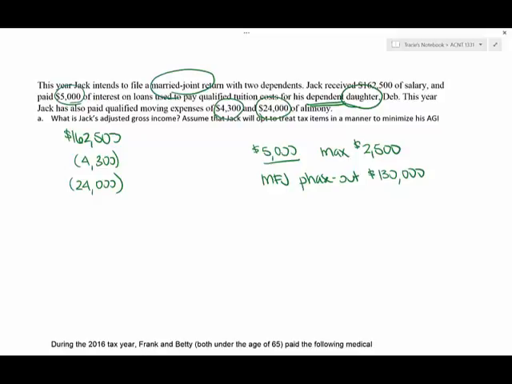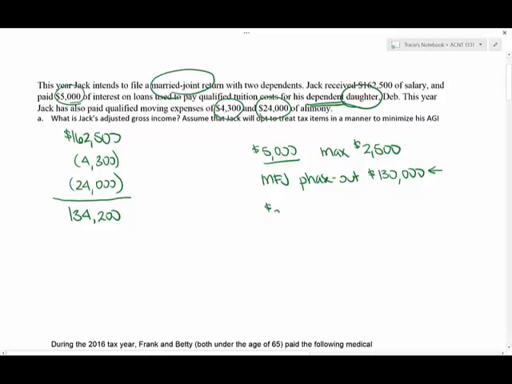So let's figure out his adjusted gross income before the student loan interest. We'll take $162,500 minus $24,000 minus $4,300, and I will get $134,200. Okay, so we are definitely over the $130,000. So here's how we do that calculation.